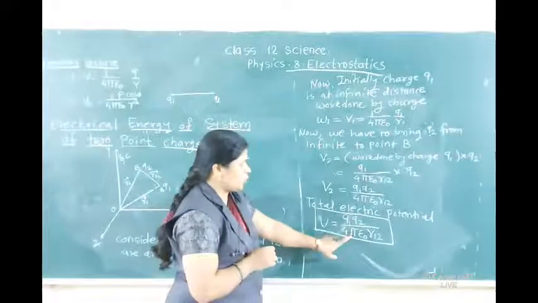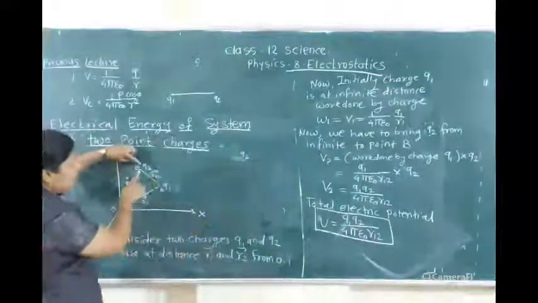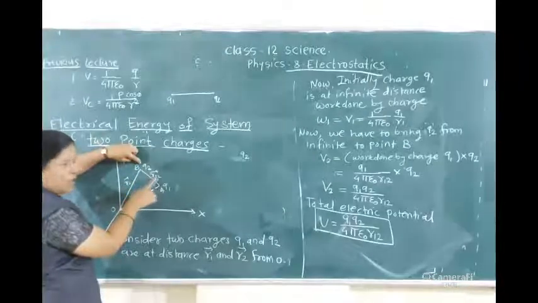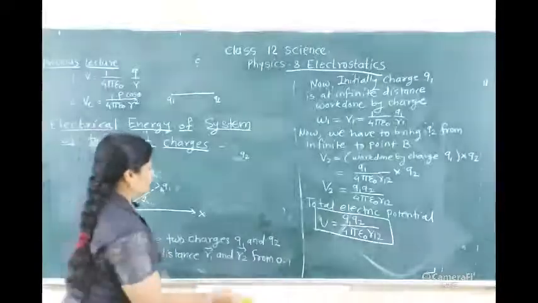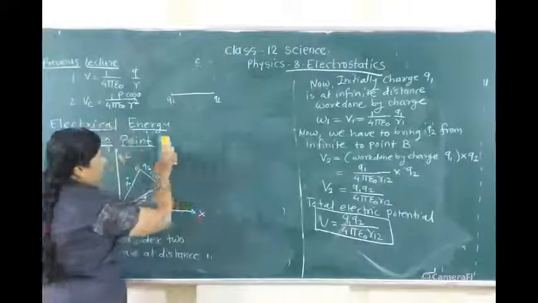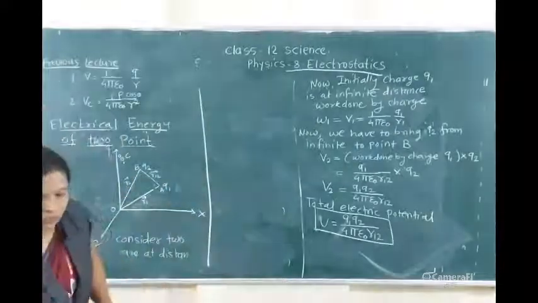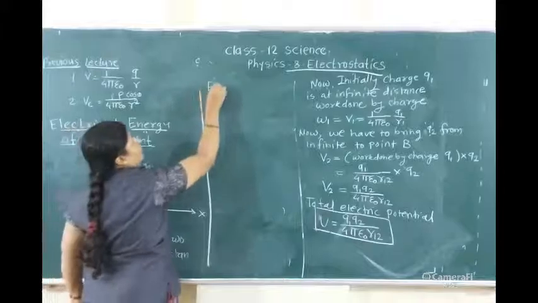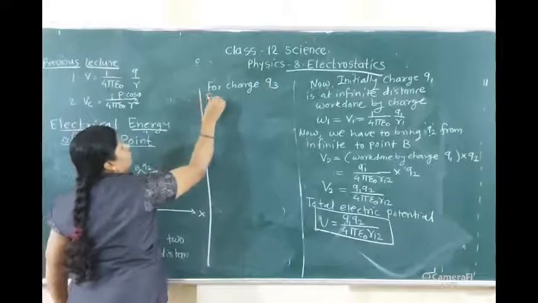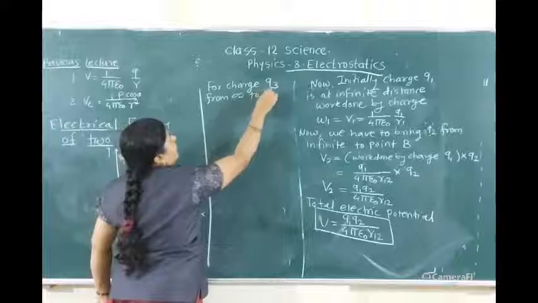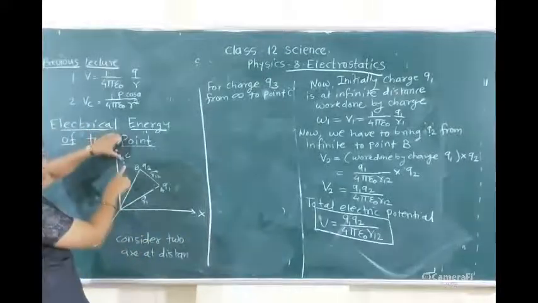Now for the charge Q3, from infinity to point C. Now this Q3 is at a distance R3 from point O, and from Q2 and Q1 it is at distances R23 and R13.